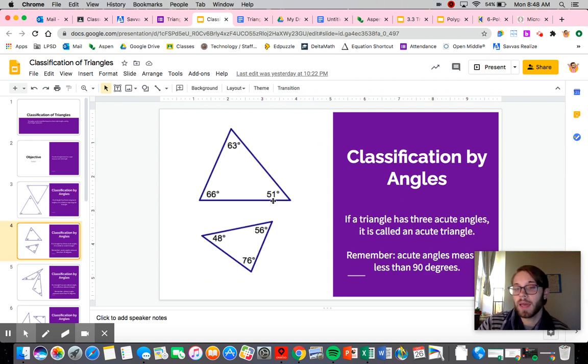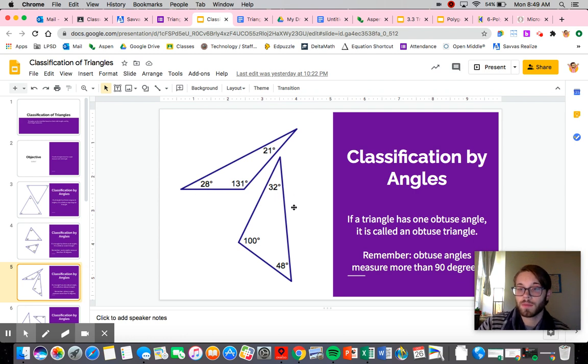Since we know they add up to 180 degrees, you can see here they must all add up to 180. But because none of these are 90 or larger, we're calling these acute. Again, if one of these was 90, this would not be acute. You just need three angles that are less than 90 degrees.